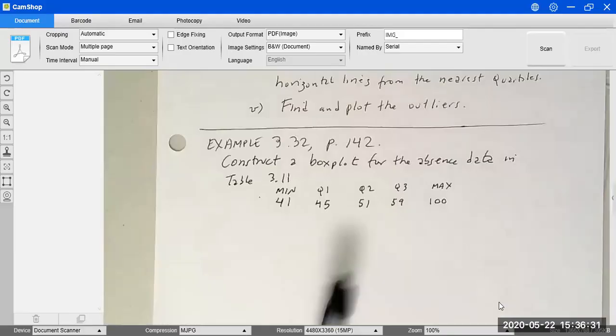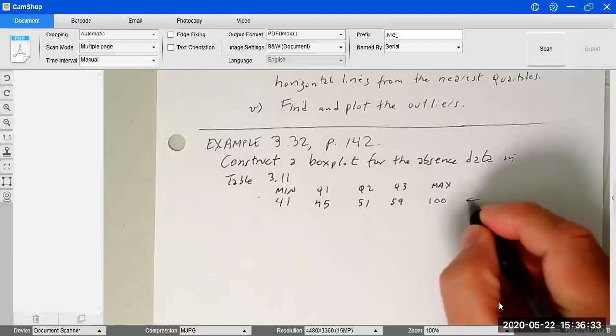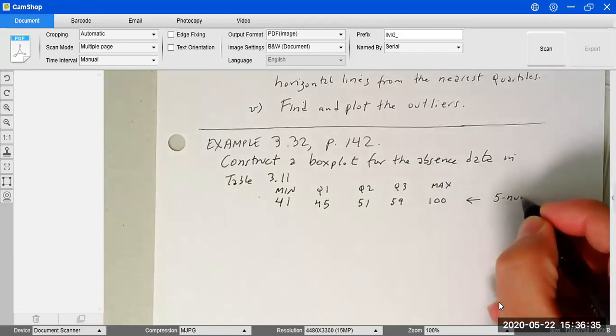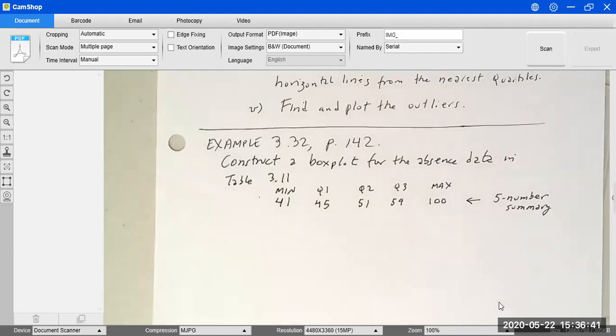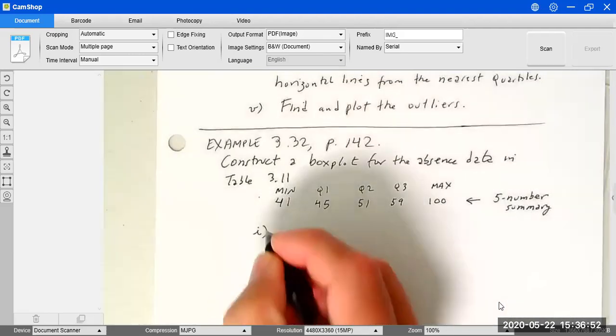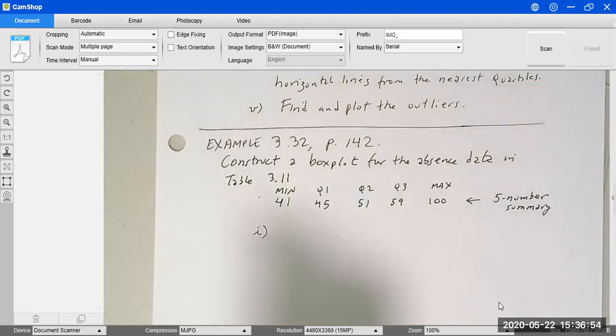So now I have my five-number summary. I have the five values that I need to build the box plot. So let's start. Step 1 is that we need Q1, Q2, and Q3.